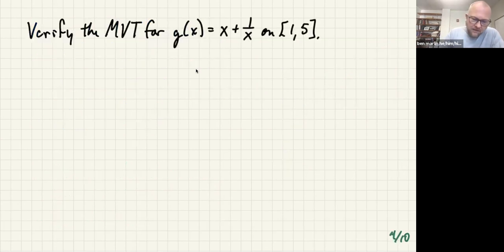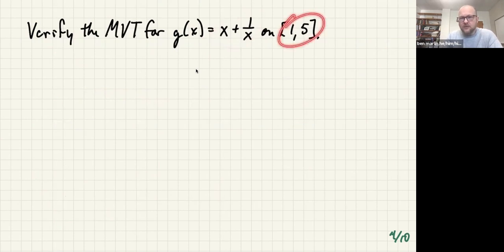Right, so we're going to verify this, which just means that we're taking a look at the function and getting out what the x value is. So notice that the function I've given you, g of x equals x plus 1 over x, is not continuous everywhere. It's not continuous where x is 0.